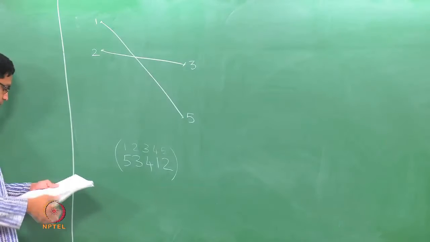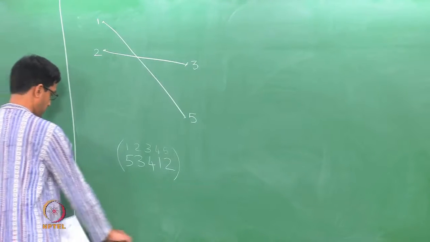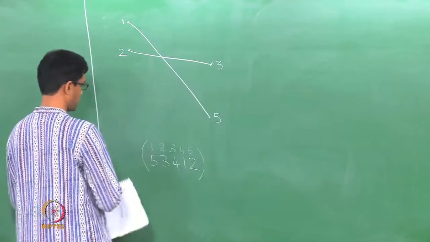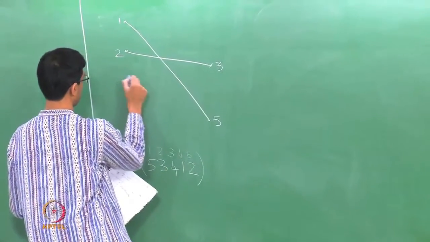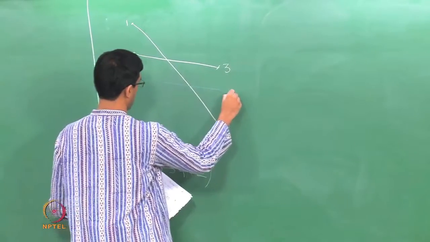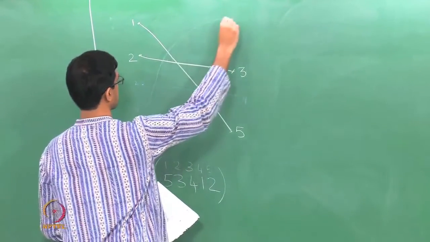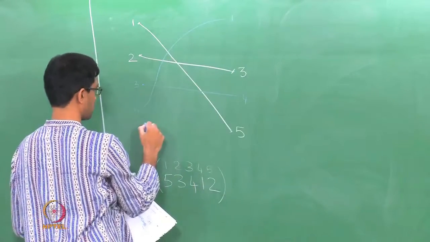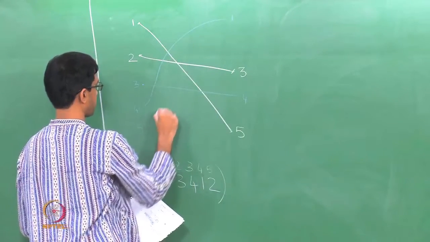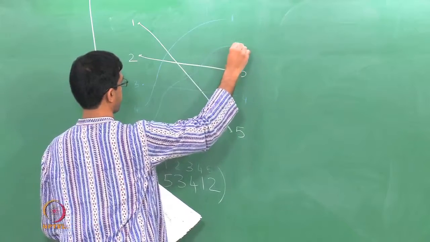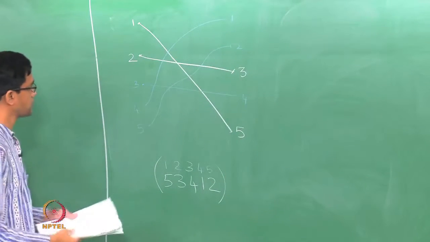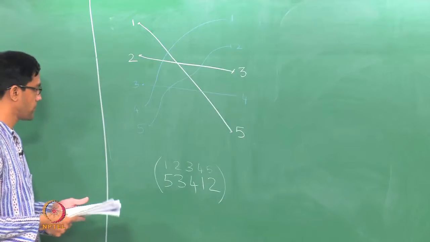I am not drawing the rest of the lines right now, or maybe I will just draw them a little light. 3 maps to 4, 4 maps to 1, and 5 maps to 2, right. So, that is really the diagram of this permutation.